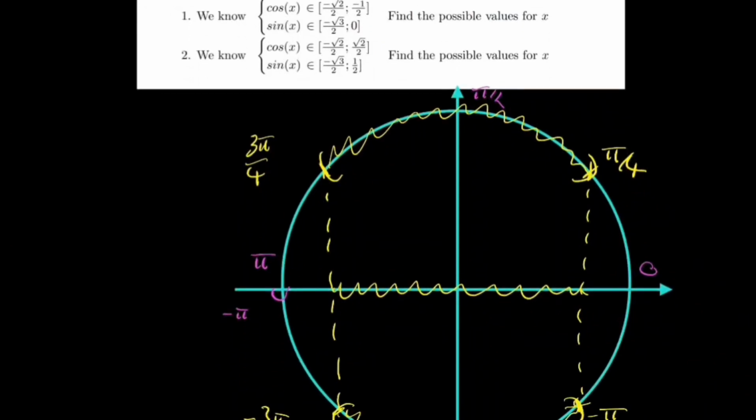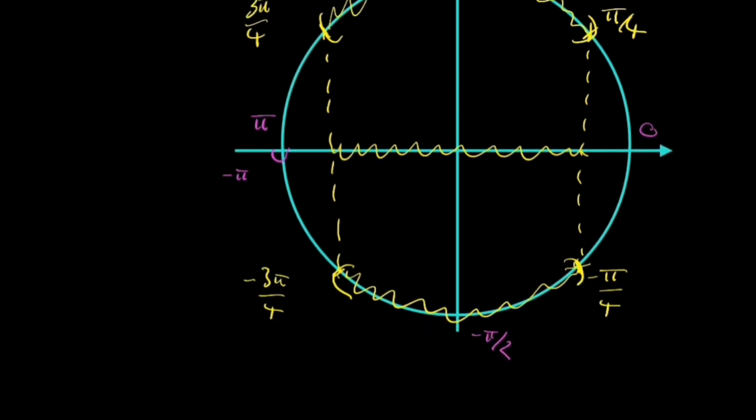For the second condition, we want our sinus to be between minus square root of 3 over 2 and 1/2. First, when does it happen that sinus of x is equal to minus square root of 3 over 2? It happens, of course, this is well known, in minus pi over 3 and minus 2 pi over 3.